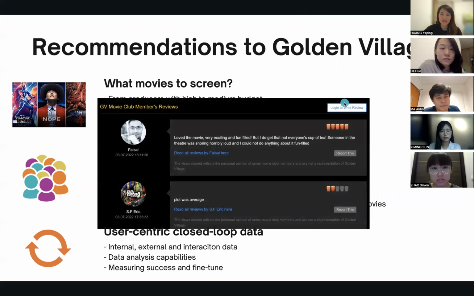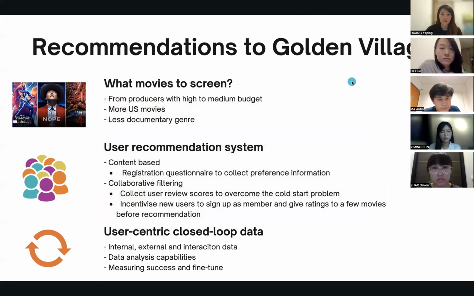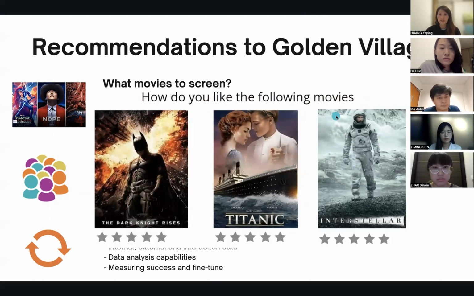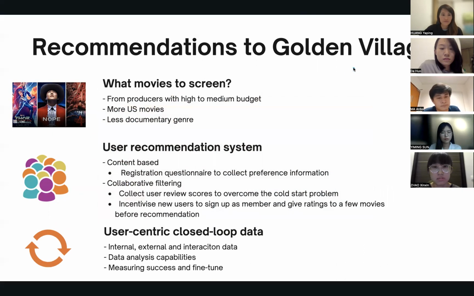It can be shown in this photo. That's what existing members are providing reviews. It should also incentivize new users to sign up, and when they sign up, you will force them to provide a favorite movie when they first sign up. This would help them to avoid the cold start problem.